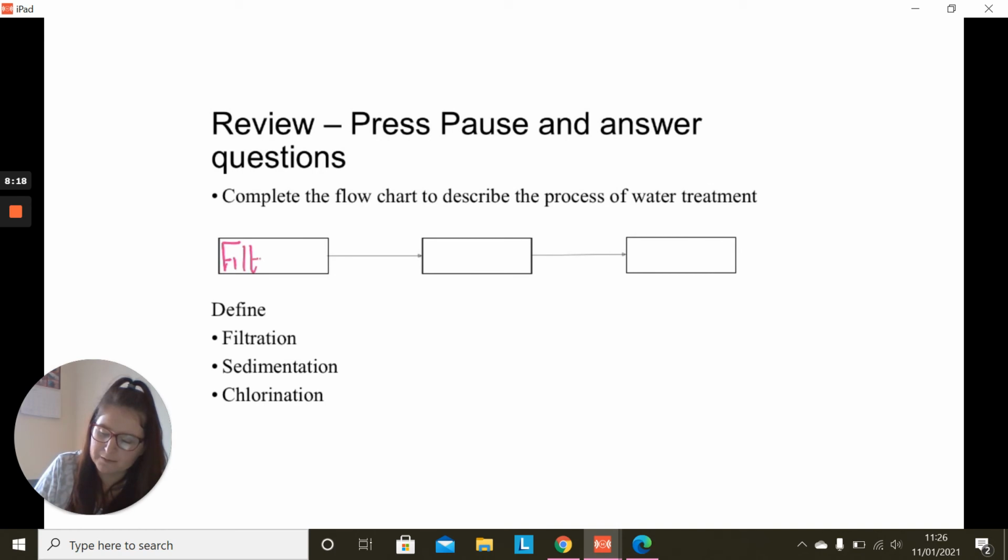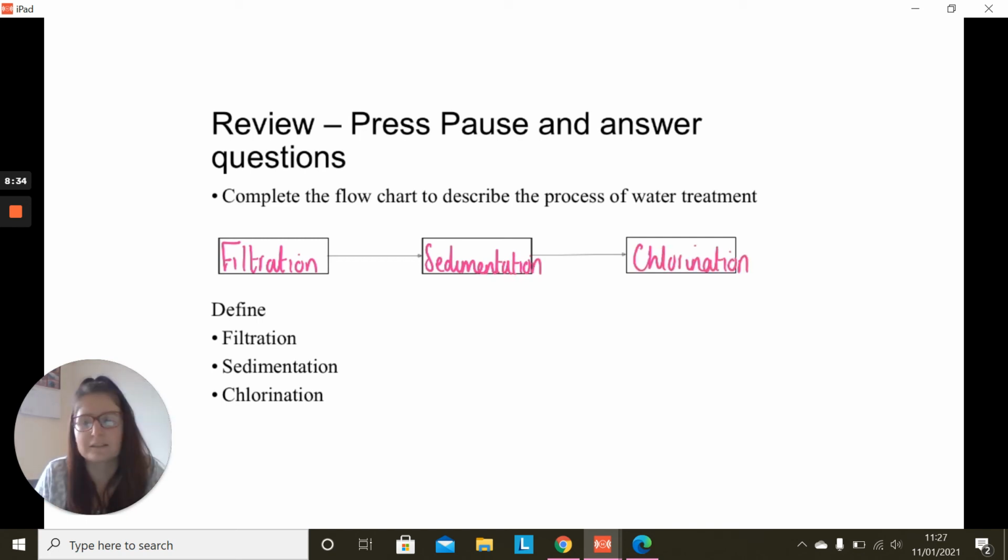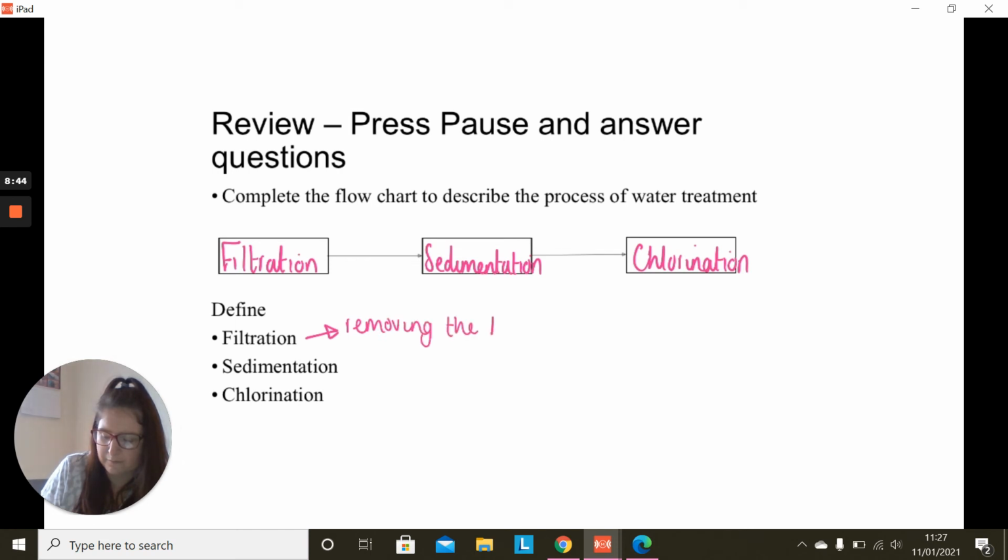So the first process we have is filtration. Then we have sedimentation. And then we have chlorination. Every bit of water in your house is clean drinking water. So filtration is removing the big particles.